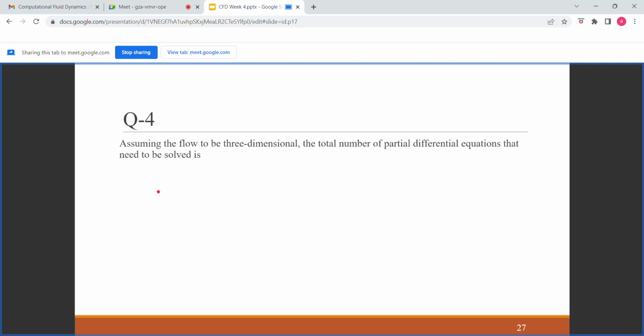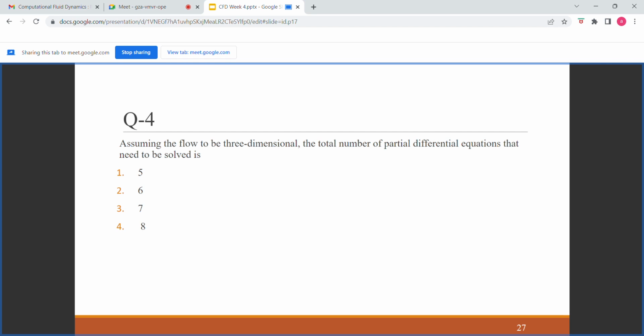Assuming the flow to be three-dimensional, the total number of partial differential equations that need to be solved is: option 1, 5; option 2, 6; option 3, 7; option 4, 8. If the flow is three-dimensional, how many partial differential equations need to be solved?